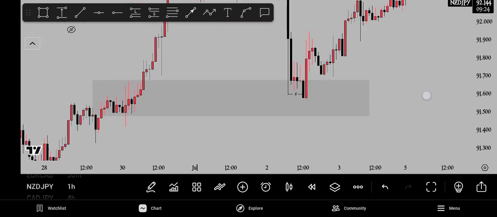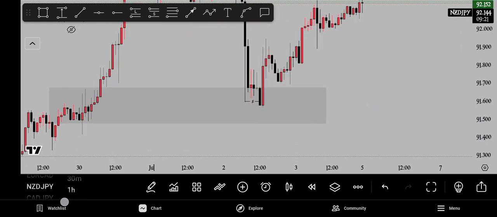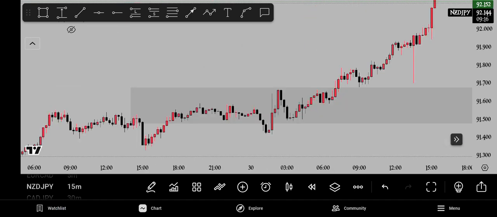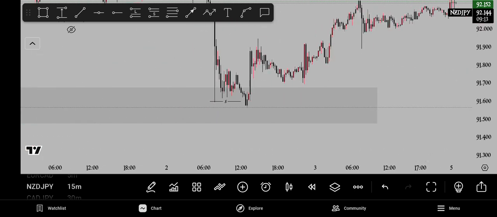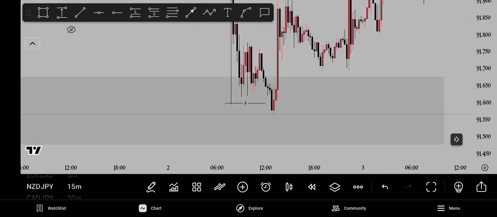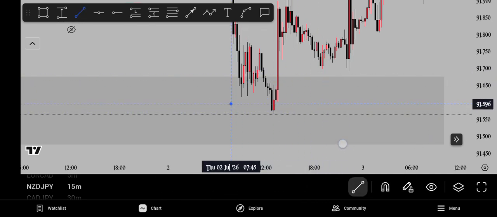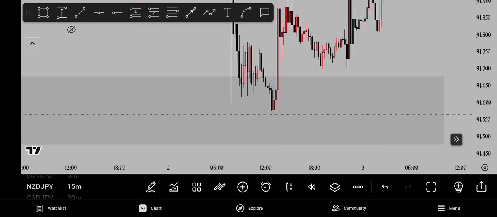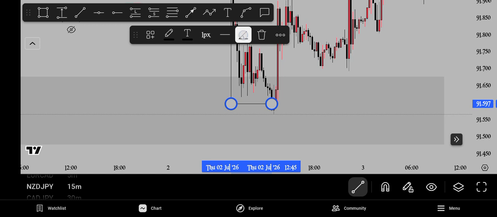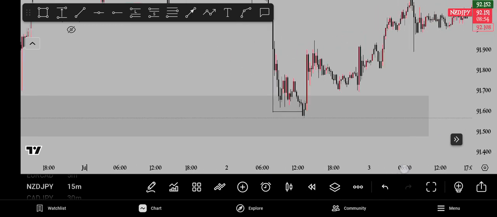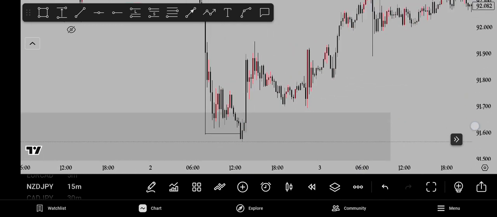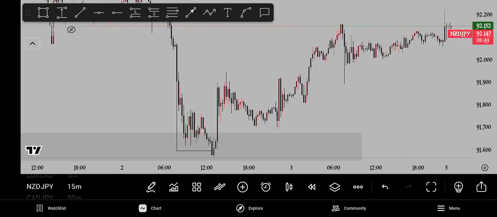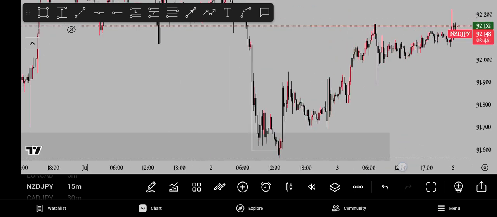After this sweep, price has been pushing upward and breaking structure to the upside.